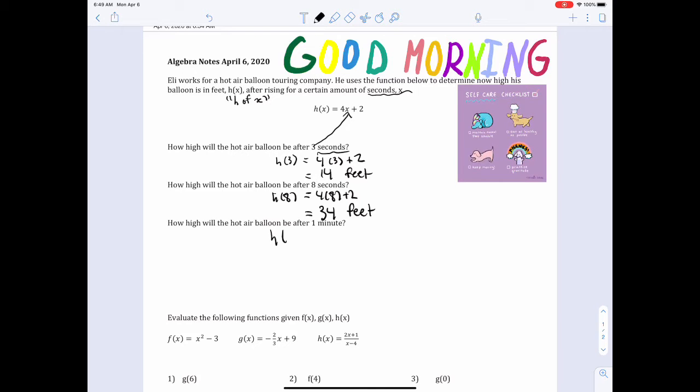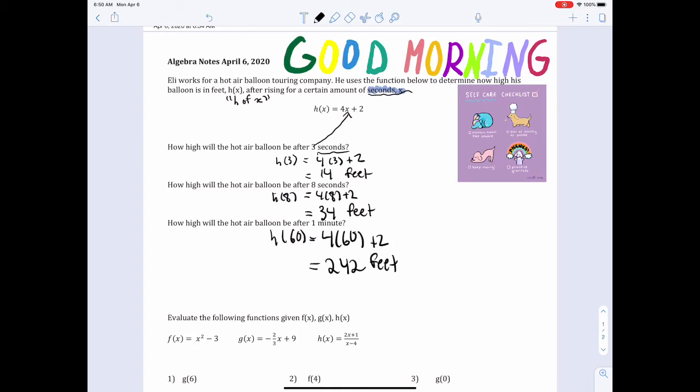We're going to plug in not 1 for x because x is measured in seconds. So it'd be h of 60. Plug in 60 for x. So you'll get 242 feet.